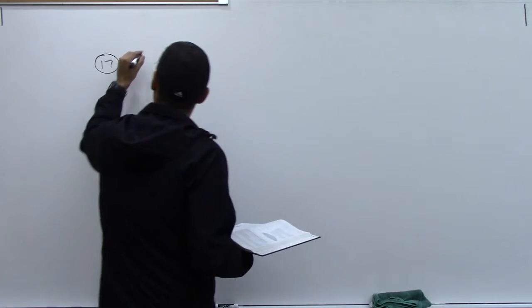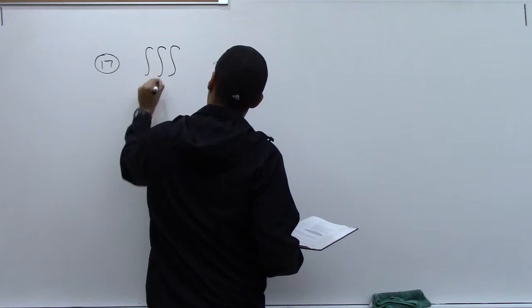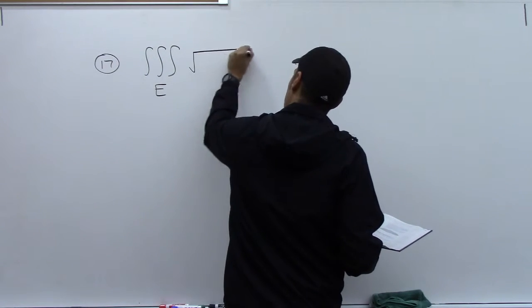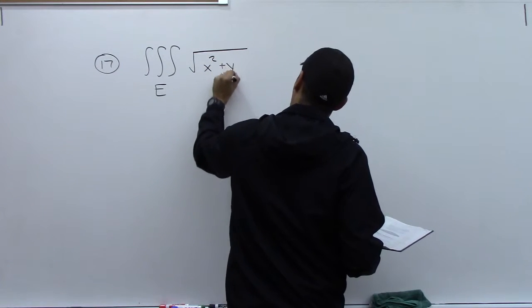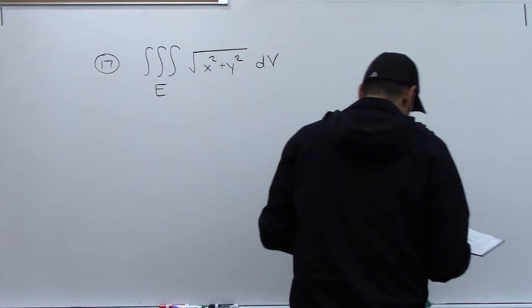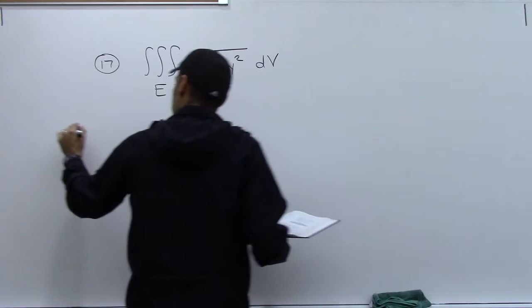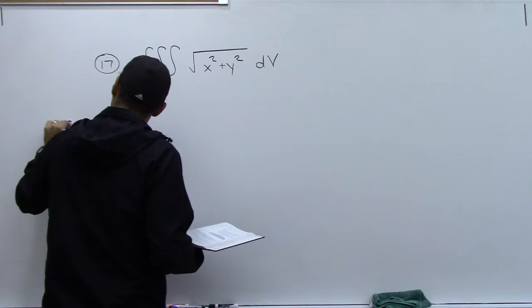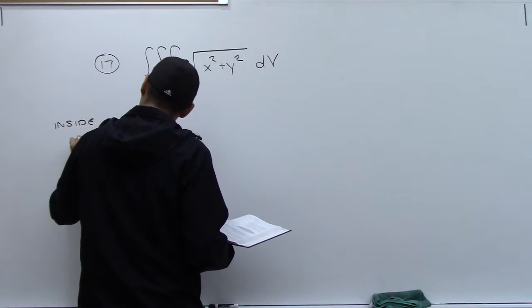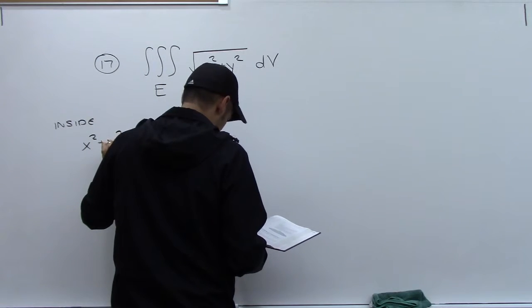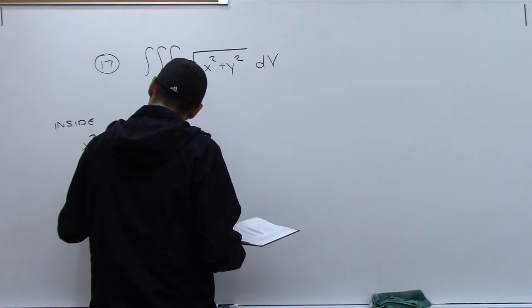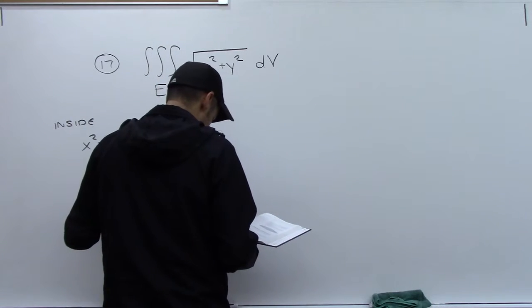So we're asked to evaluate the triple integral over the region E of the square root of x squared plus y squared with respect to volume, where E is the region that lies inside the cylinder x squared plus y squared equals 16, and between the planes z equals -5 and z equals 4.